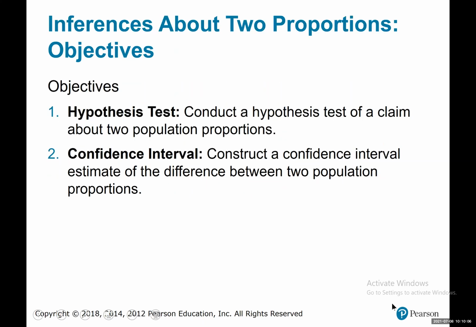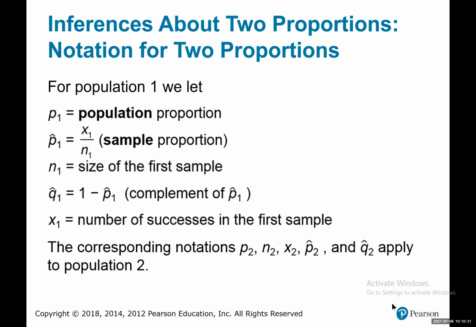Okay, here are the objectives: hypothesis test and confidence interval. Same as in the past, p1 is the population proportion for the first population, p-hat is the sample proportion, n is the size of the sample, q is the complement of p, and x is the number of successes in the first sample.